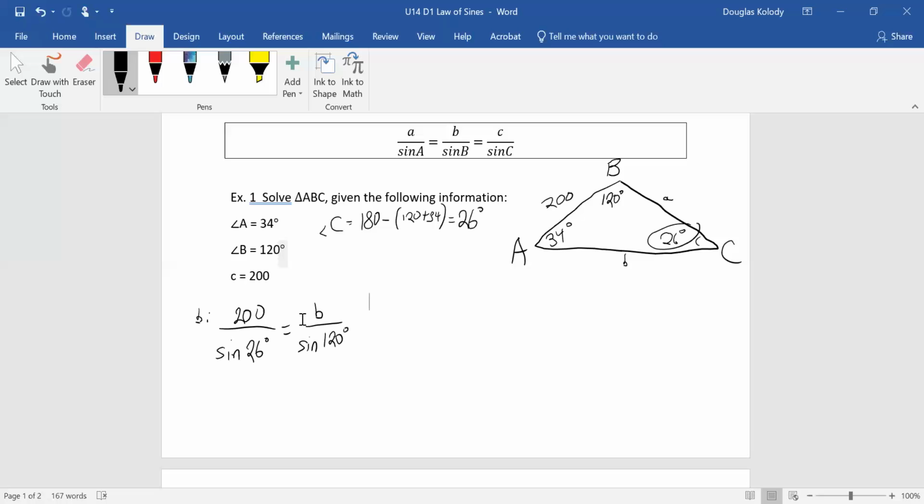Okay, so through some cross multiplication and division, we're going to find that B equals 200 times the sine of 120, divided by the sine of 26. And what does that give us? By the way, this is my calculator ready form.